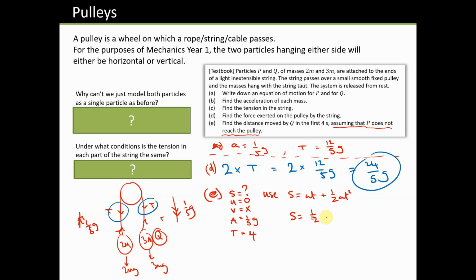We're going to sub in all of this rubbish, and we're going to get out 15.7 roughly. We've used gravity in this, so we're going to have to call that 16 to 2 significant figures. And I'm not quite sure what units we're talking about.